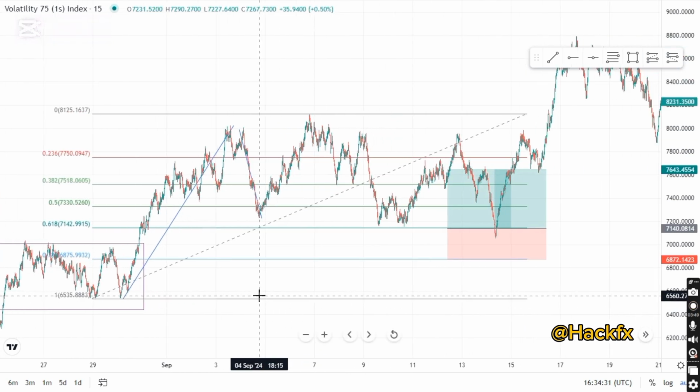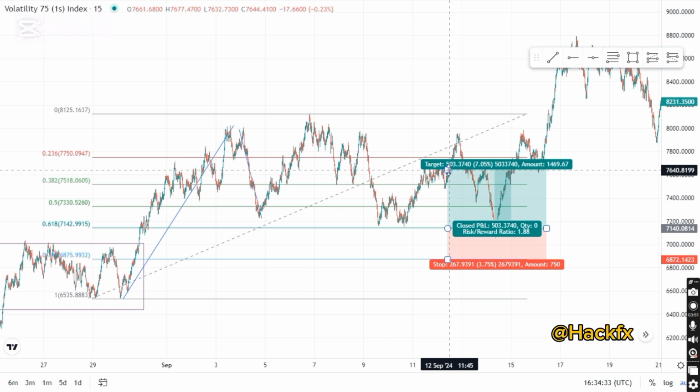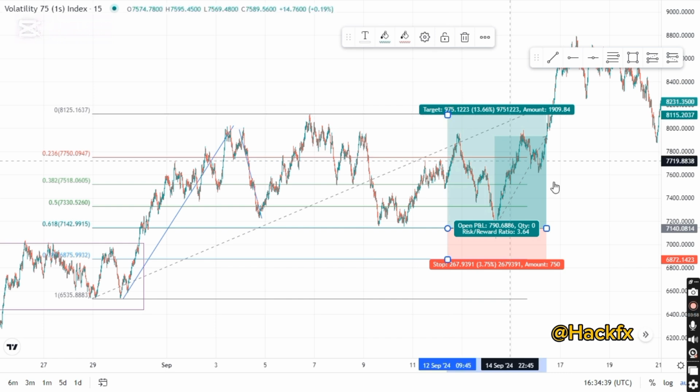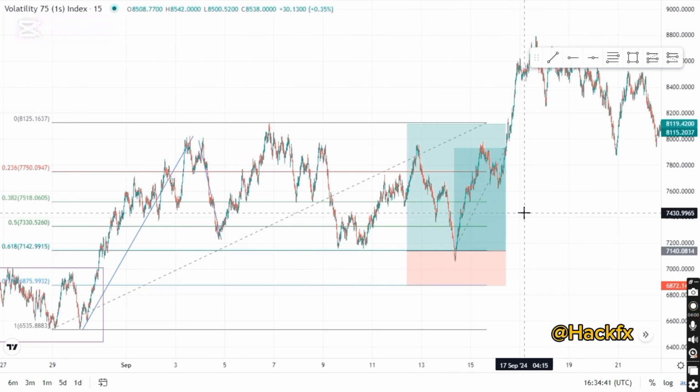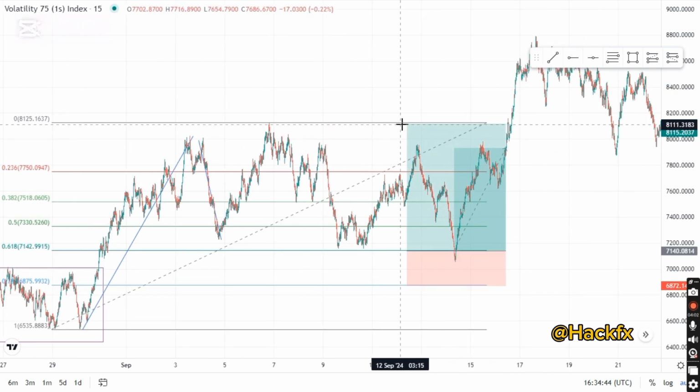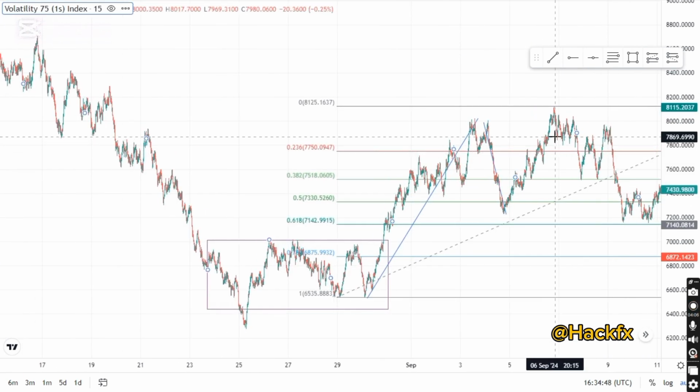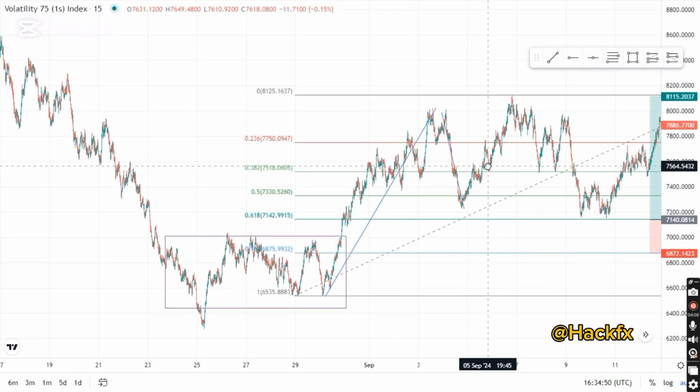That's where we should put our stop loss, and our TP1 is going to be at the previous high, right? And for TP2, you can take it to the next high after the previous high. That's up to you.